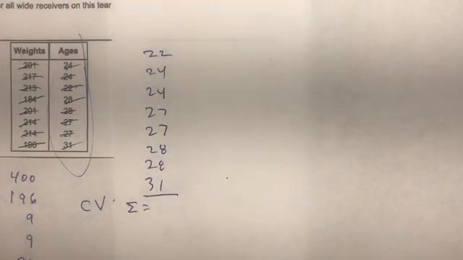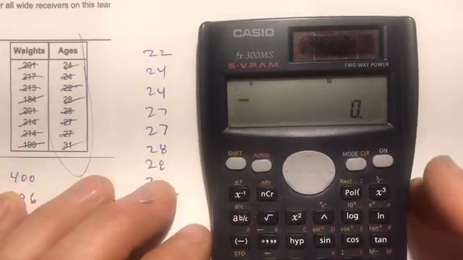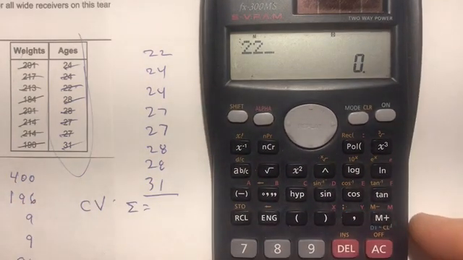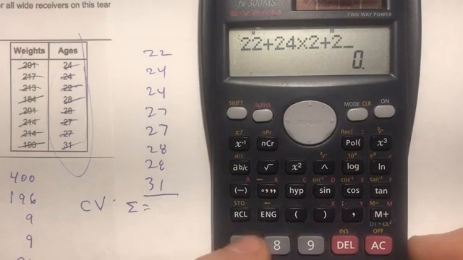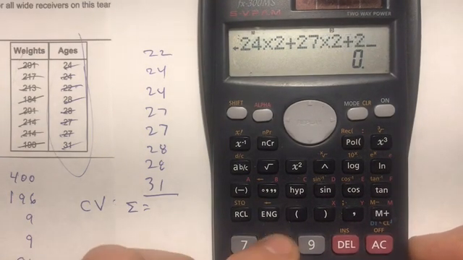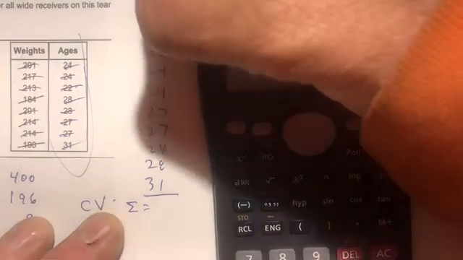All right, so I'll bring the calculator in. I've got 22 plus 24 times 2 plus 27 times 2 plus 28 times 2 plus 31. I got 211. Just going to write it up here.